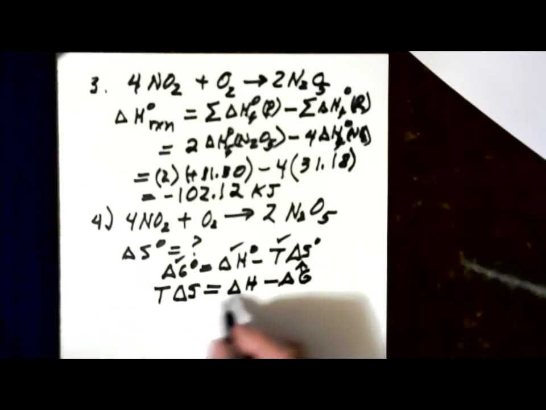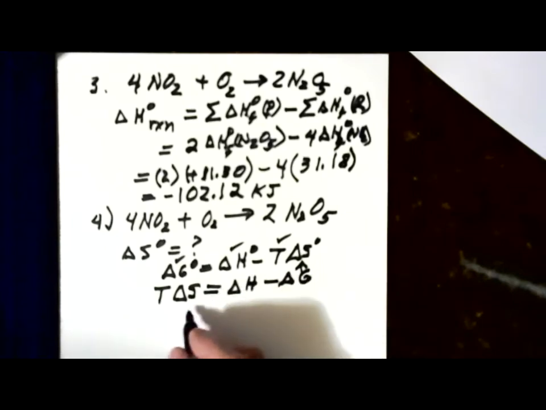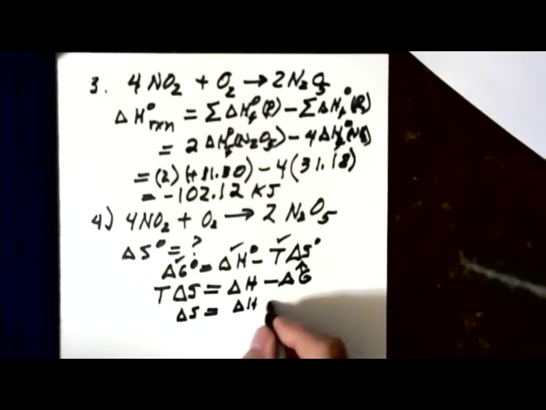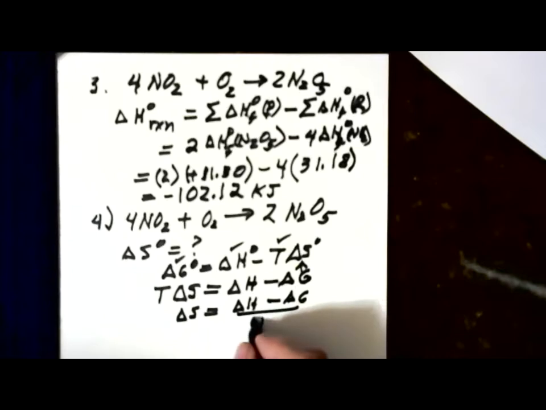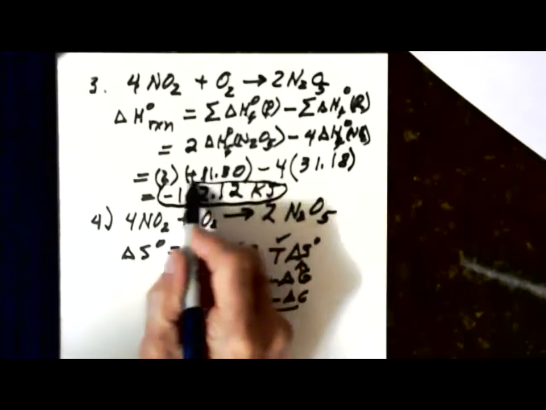Okay, now don't screw this up. Make sure that's right. And so delta S is going to be delta H minus delta G divided by T. Now we just calculated delta H of the reaction up here, so I'm going to just bring that down.